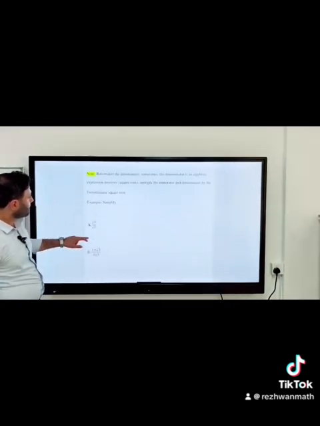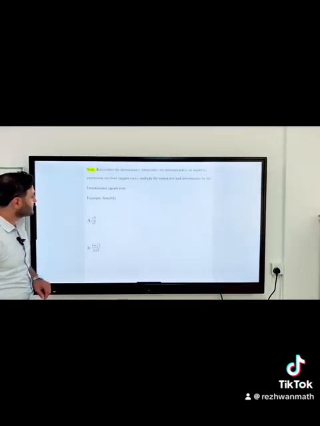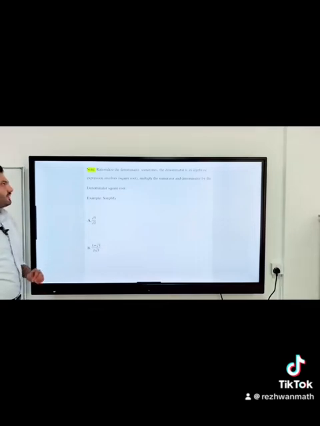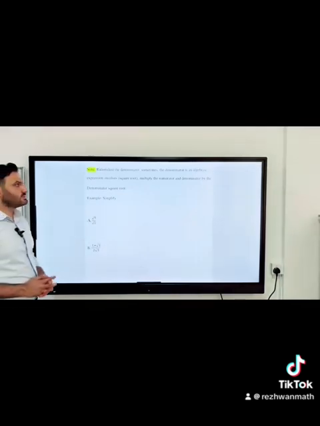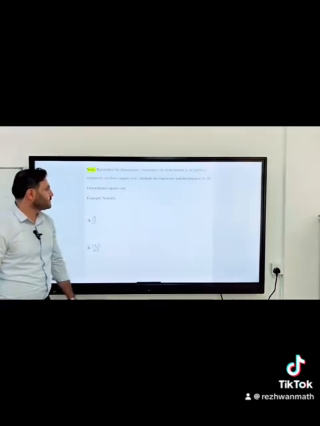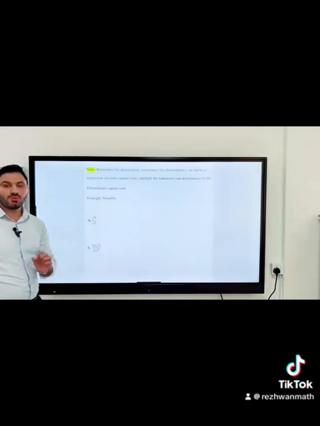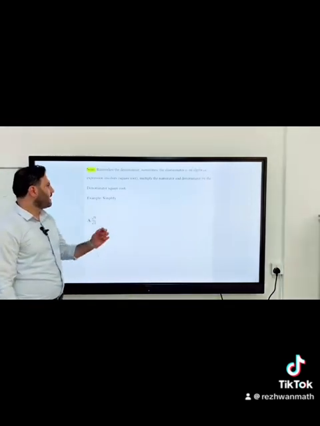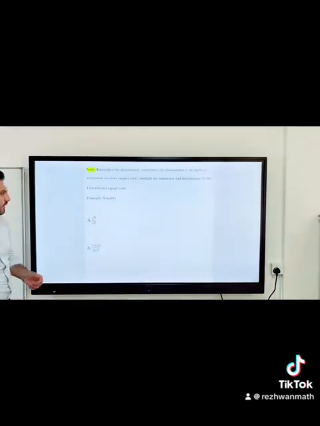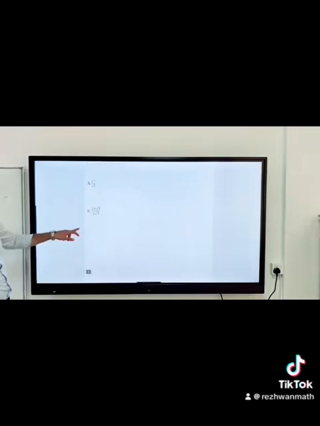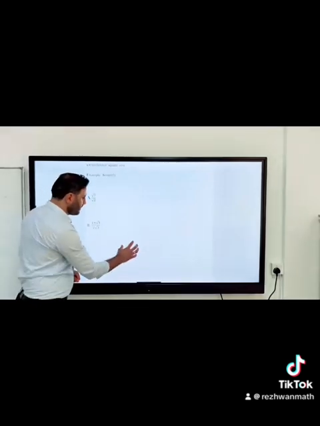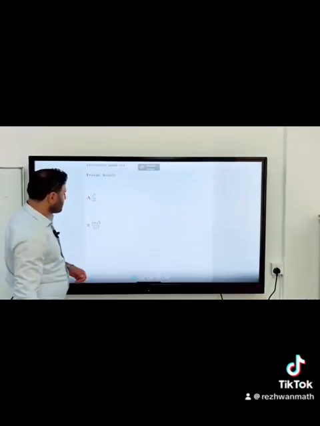Now, the last part of our lesson is rationalize. If I look at this note: rationalize the denominator. Sometimes the denominator in an algebraic expression involves a square root.